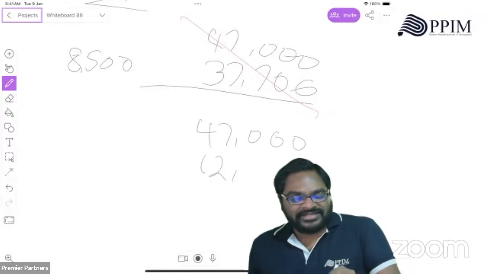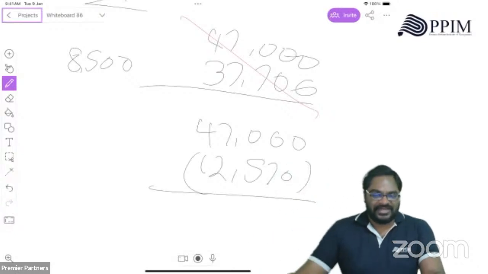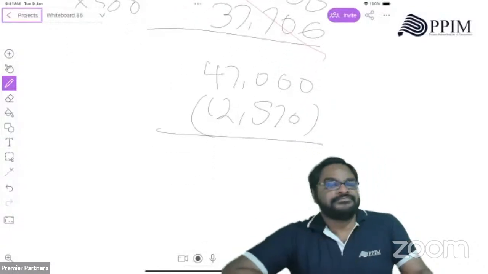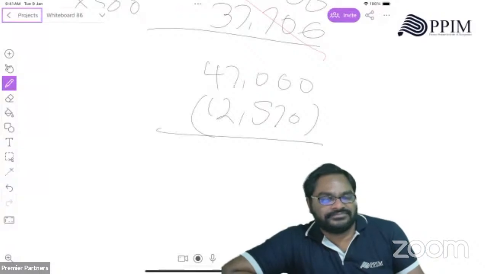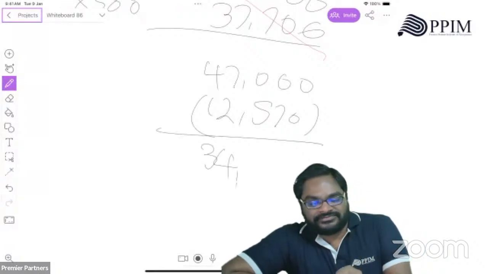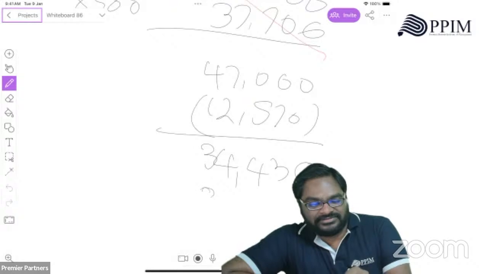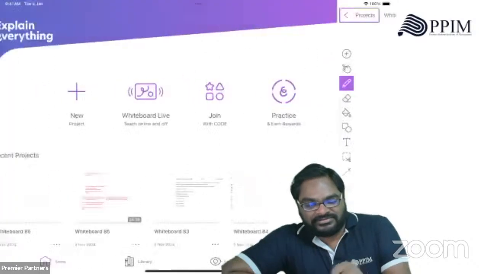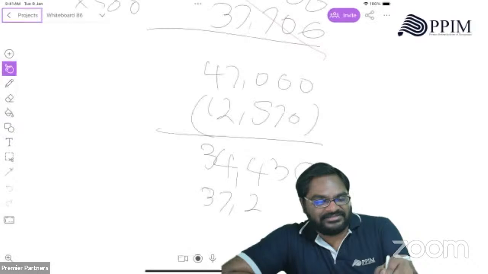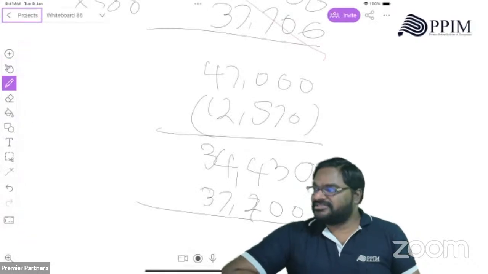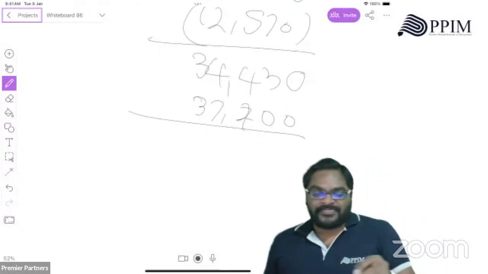To convert that to taxable income, you have to deduct the personal allowance. After that, what's the answer? 34,430. Now the gap between 37,700 and this is 3,270.